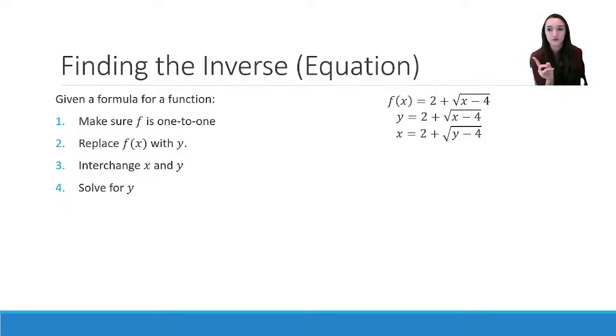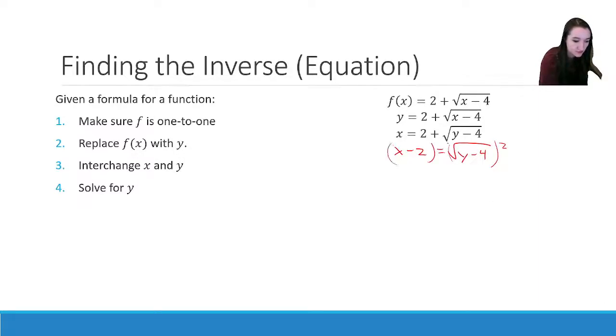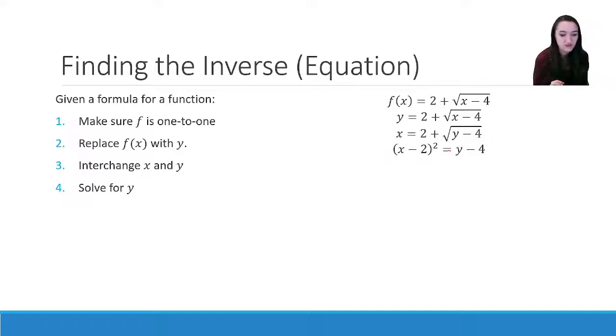Now we solve for y. So to do that, I'm going to first subtract 2, so that'll be x minus 2 equals square root of y minus 4. Then I'm going to square everything to get rid of this square root. And so I'll have x minus 2 squared equals y minus 4.